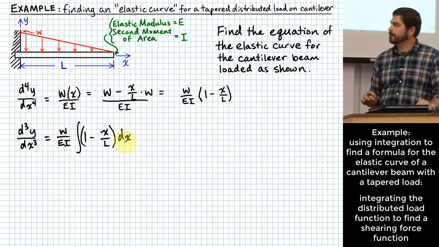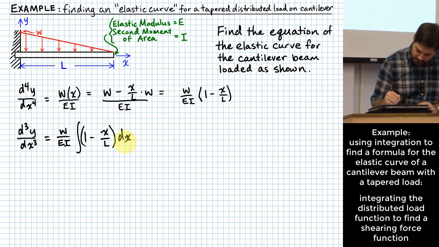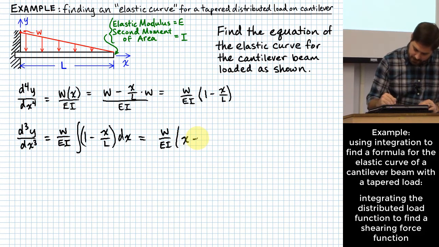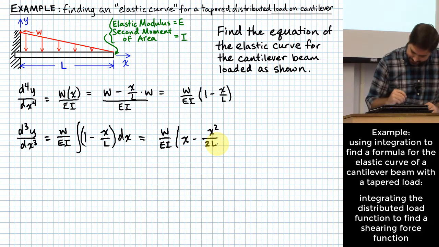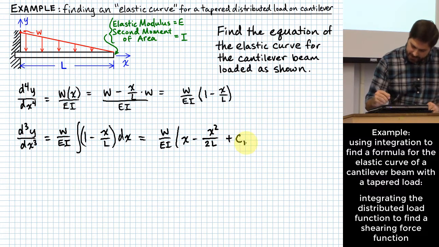Okay, so what are you saying? Say that one more time. Okay, x minus x squared over 2L, right? And plus C. I'll call that C1.